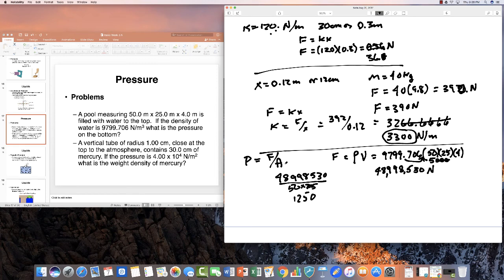So if we do the math, we get 39198.824 newtons per meter squared.